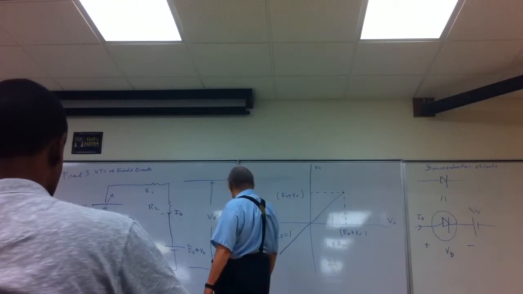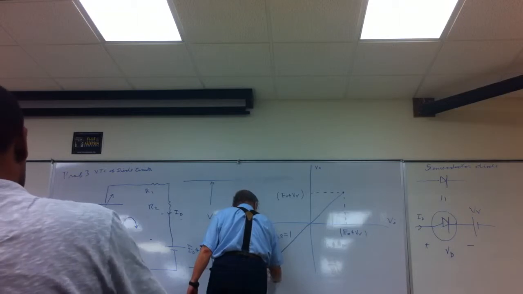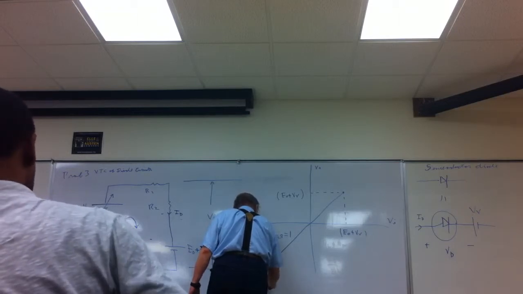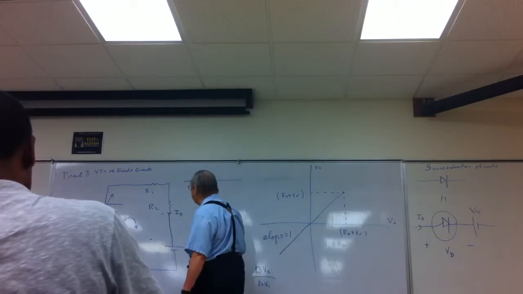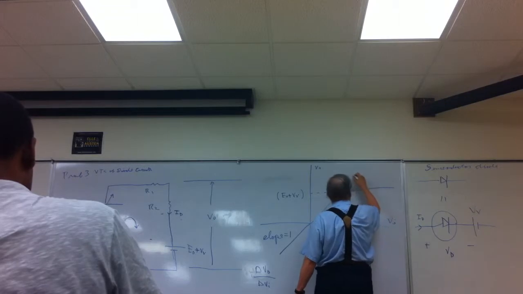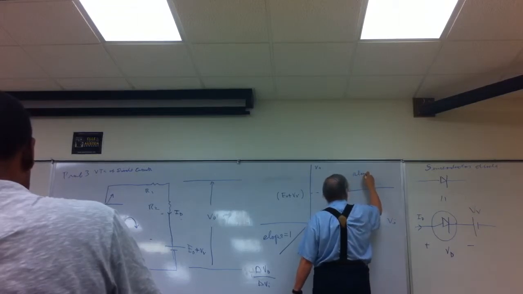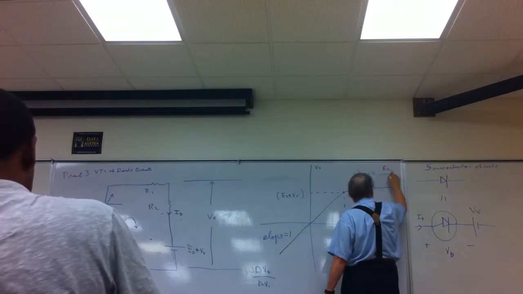You can solve for V sub O. If you want delta V sub O divided by delta V sub I, since this isn't changing, we can replace it with a short. We've got a 2 resistor voltage divider, a straight line with a slope equal to R2 over R1 plus R2.